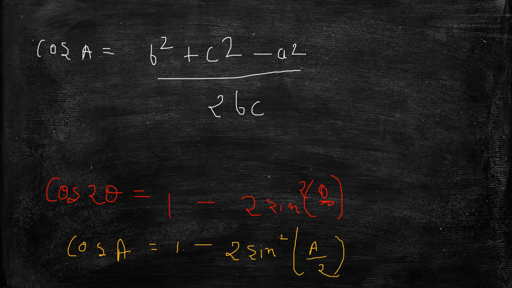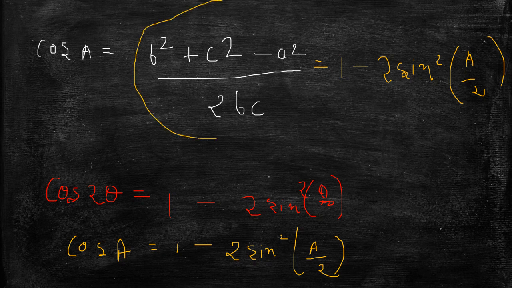So cos of A will be equal to 1 minus 2 times sine square A by 2. This is my trigonometric knowledge, and I will use it here. Now I will transfer this 2 sine square A by 2 to the LHS, and the other thing to the RHS. So what I will get is 2 times sine square A by 2.